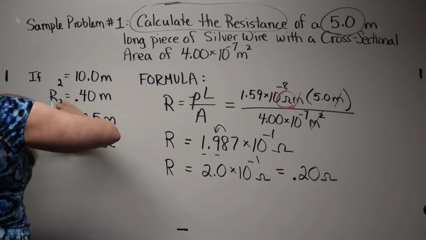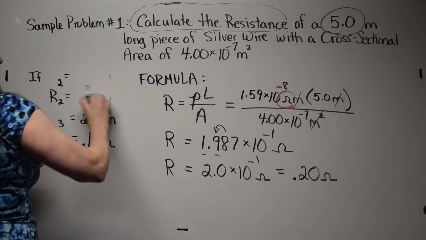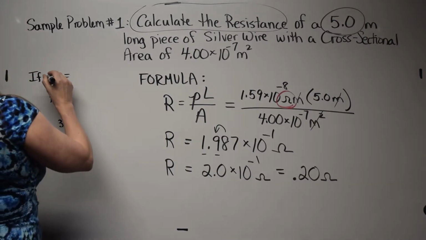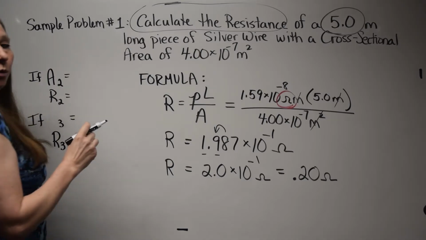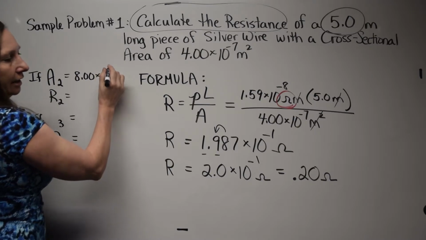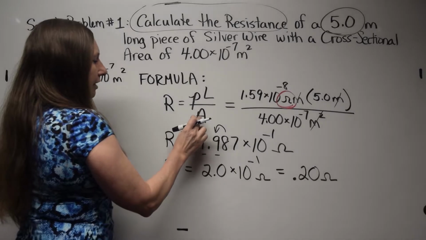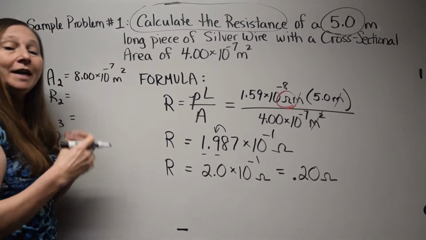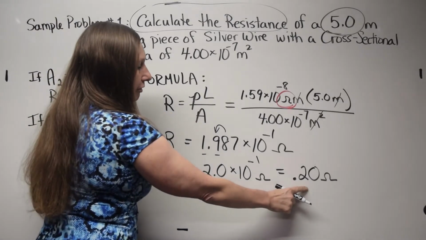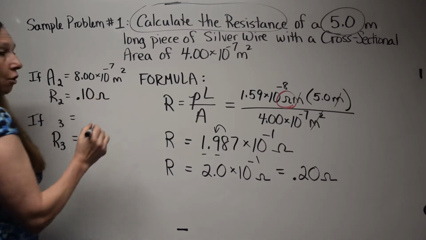R2. What if the new area, area 2, were 8 times 10 to the negative 7 meters squared? Area and resistance are inversely related, so if you double the area, the resistance will be halved. The new resistance would be 0.10 ohms.